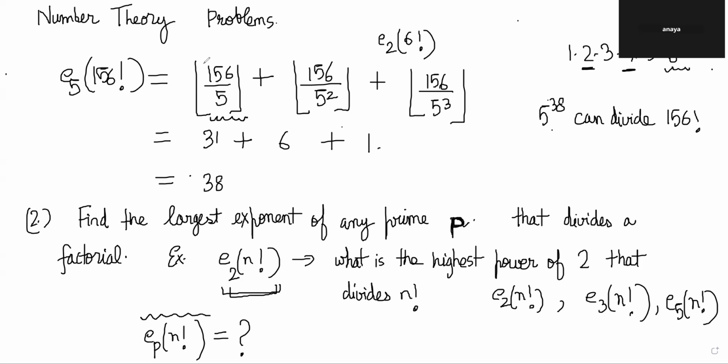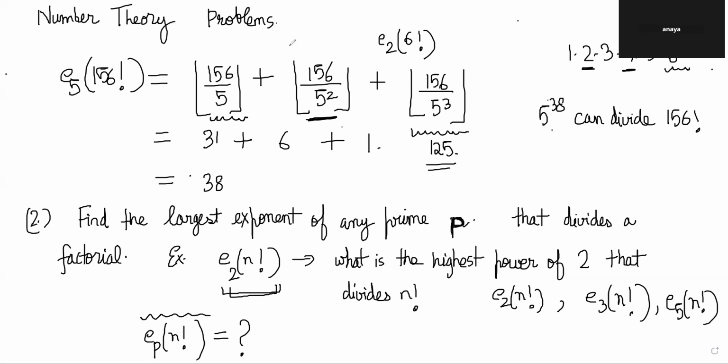But there are some of them which are divisible by 25. So extra powers will come from there. One extra power. And some of them which are divisible by 125. So one more extra power. Only one of them is divisible by 125, which is 125.